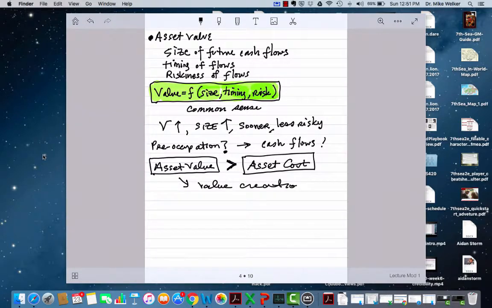To know if you have a valuable project is quite complicated, however. If the asset is worth more than it costs, acquire the asset.